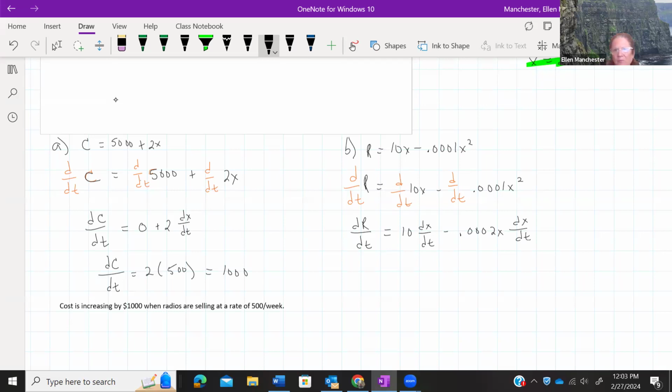Okay, once I have the implicit, now I can just plug in my values and calculate. So our radios we're selling at 500 per week. The number of radios we have is 2,000, selling at 500 per week.